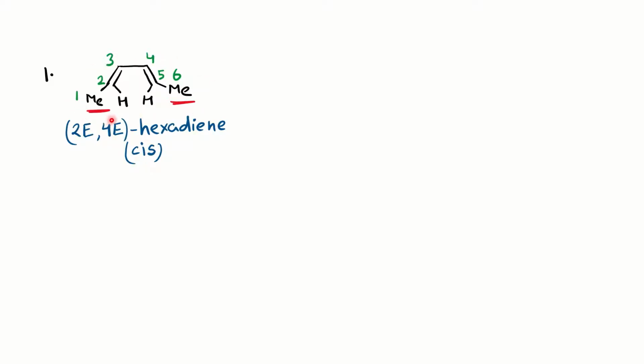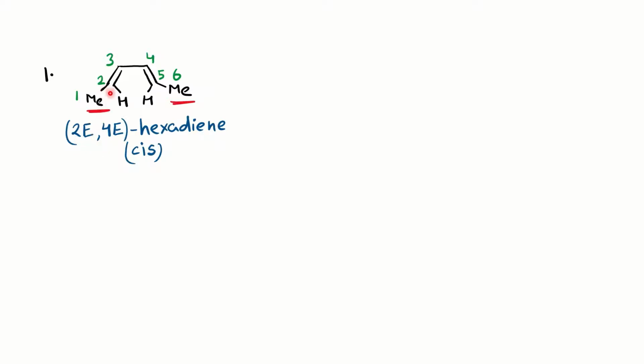So this is very important, because if you draw the structure wrong, then your entire reaction is going to be wrong. So you can notice here, if they have given you 2E,4E hexadiene, E means trans, Z means cis double bond.